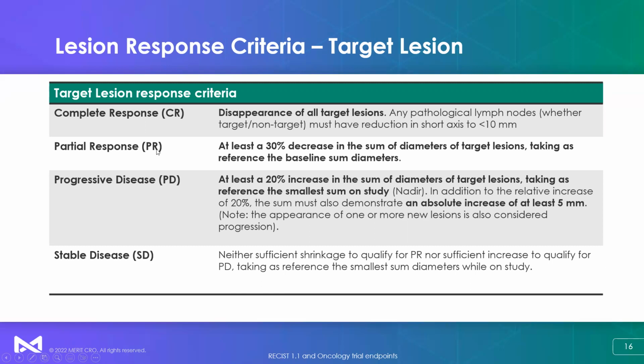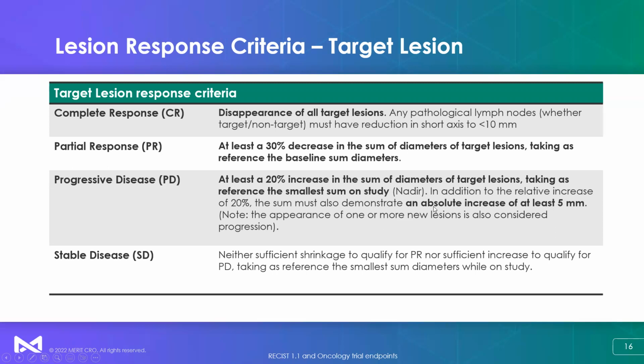To give a partial response, there must be at least a 30% decrease in the sum of diameter of target lesions compared to the baseline sum of diameter. For progressive disease, there must be at least a 20% increase in the sum of diameter of the target lesions compared to the smallest sum on the study, which is called the nadir. They also have to meet an absolute increase of 5 millimeters.